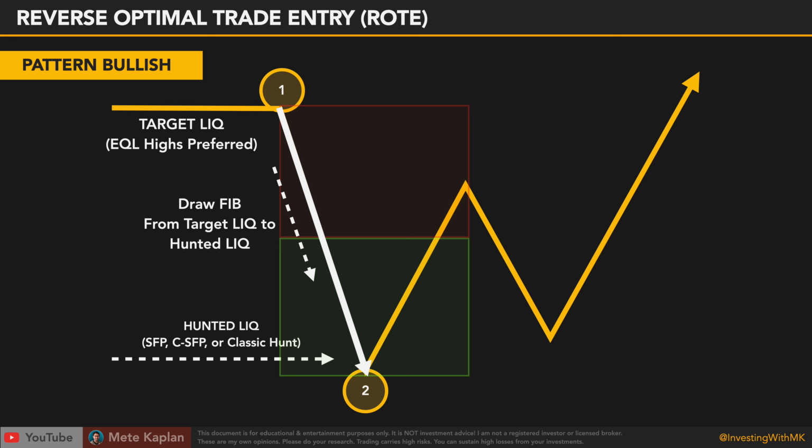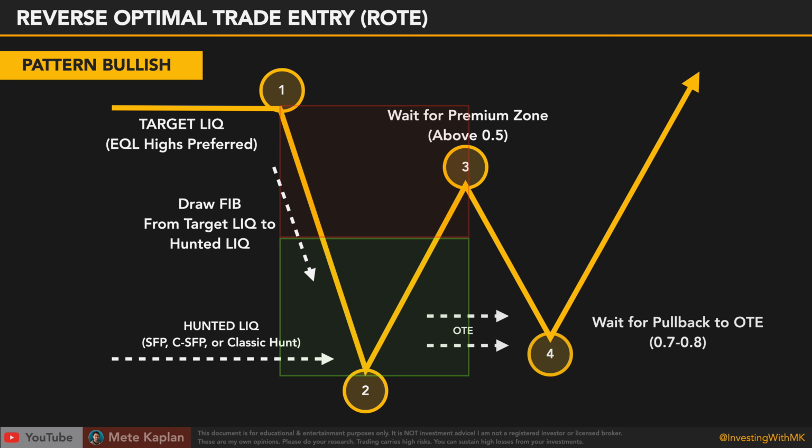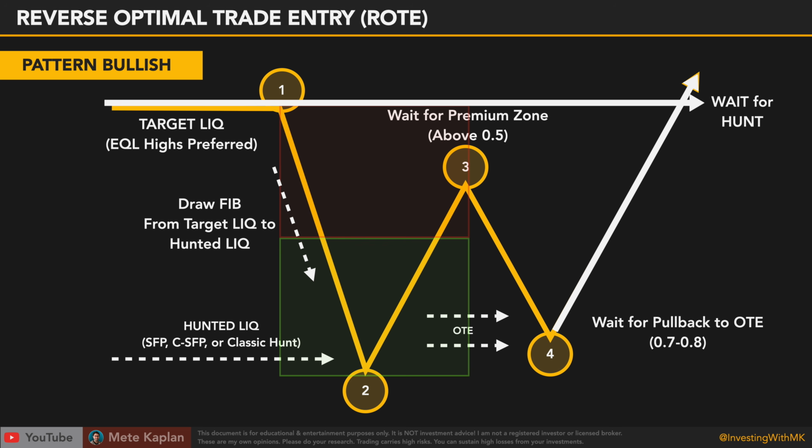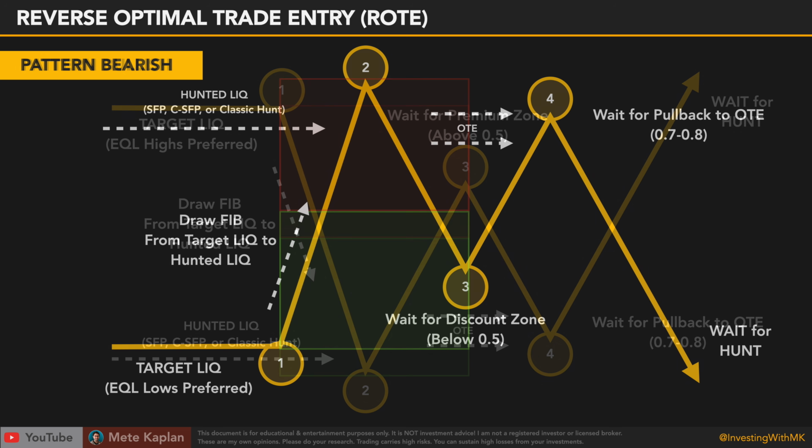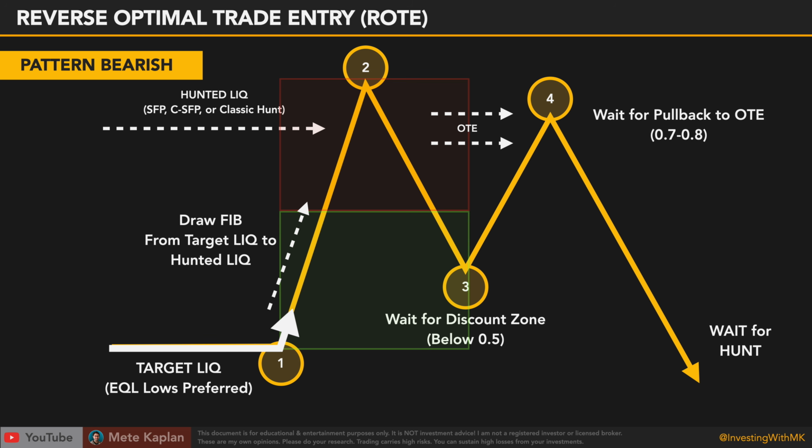Then you wait for the price to come back to the premium zone. In the last step, you are waiting for a nice pullback to the classic optimal trade entry zone, which is between 70% and 80%. Then you make your entry and wait for the hunt, your original target liquidity from the step 1. The bearish pattern is exactly the same.